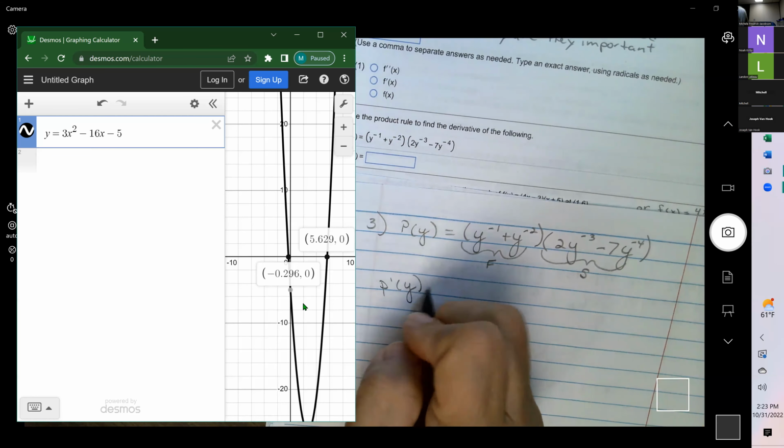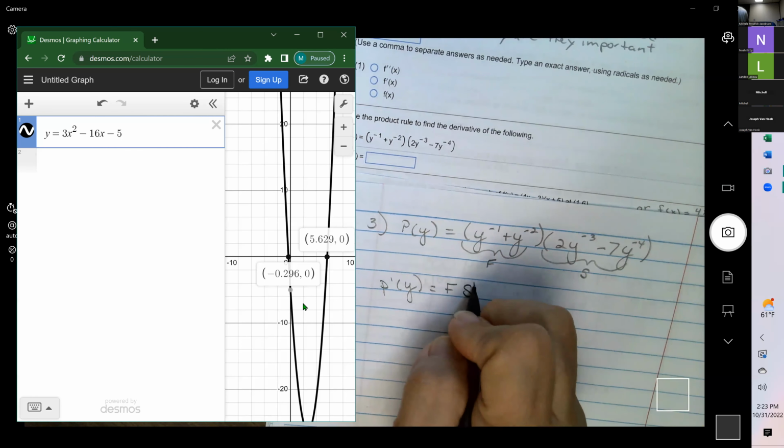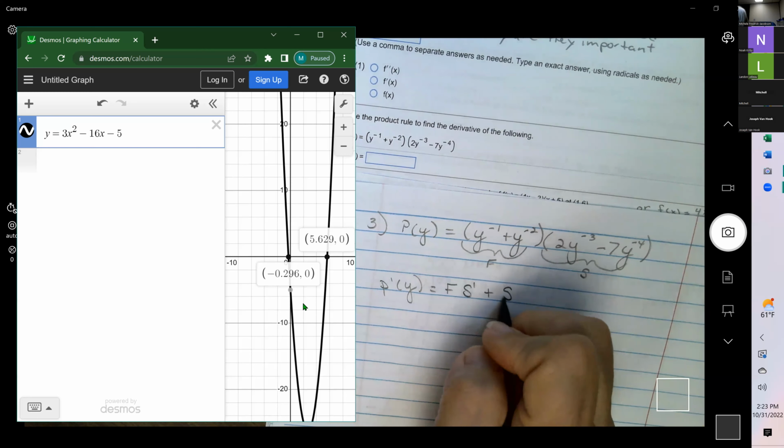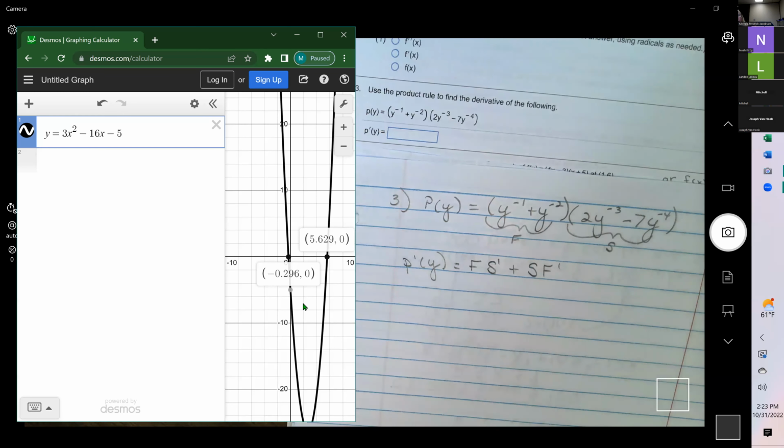And you can have a formula sheet, and it would be first times the derivative of the second plus the second times the derivative of the first. Because this is addition, it could go either way. You could do second times the derivative of the first plus the first times the derivative of the second, either way.